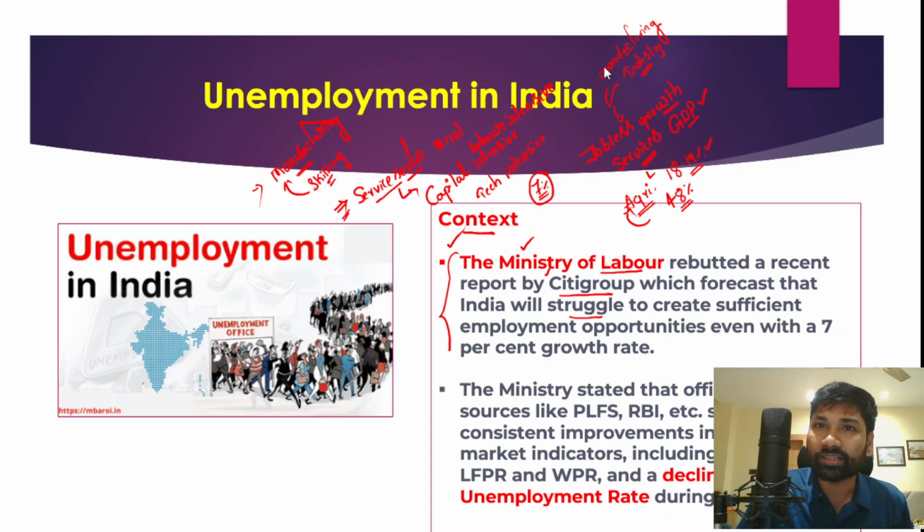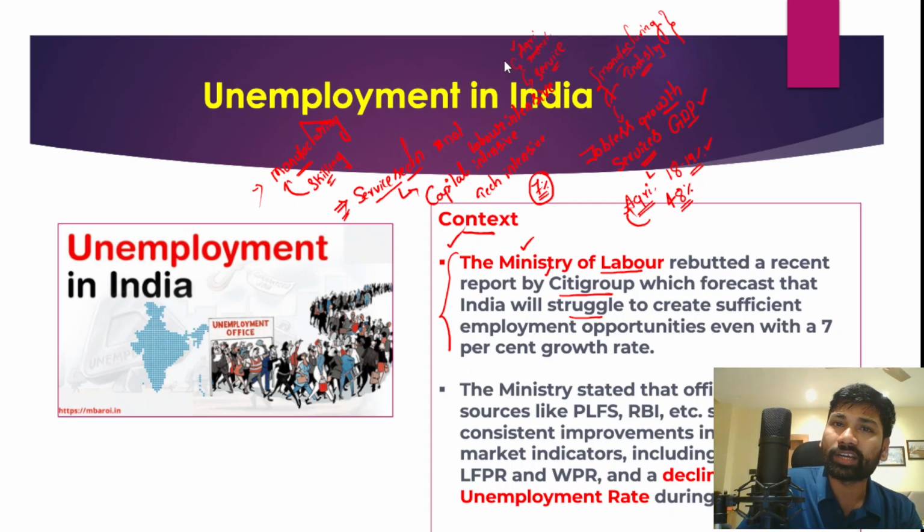Now, in this context, the problem is that India's growth has actually skipped the manufacturing and industry sector. We directly jumped from the agriculture sector to the service sector, right? If you look at the developed economies, first they were agrarian economies, then they transitioned to industrial economies, and from industrial economies to service sector led economies.